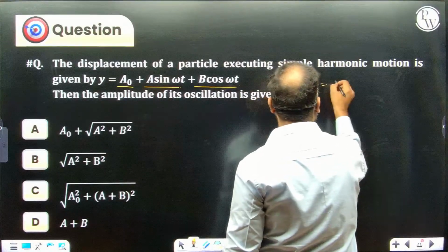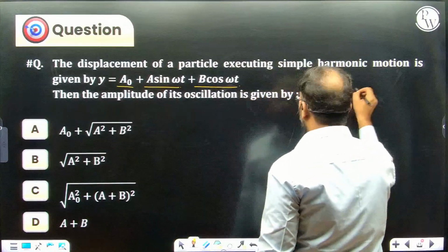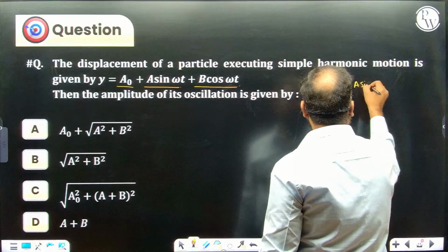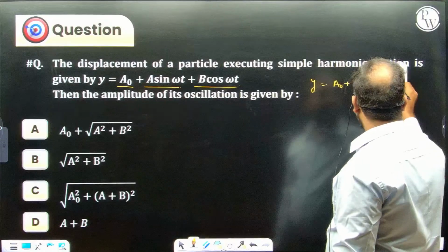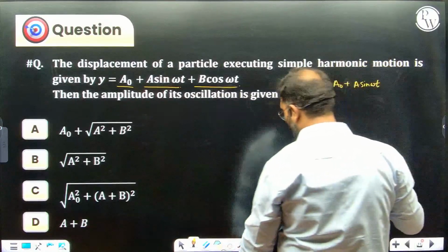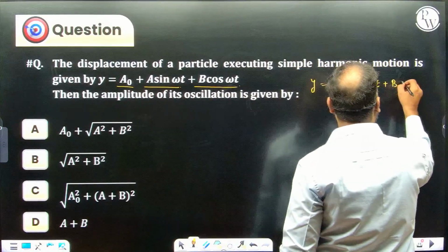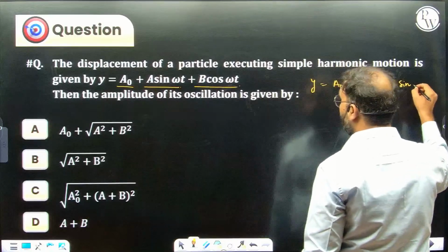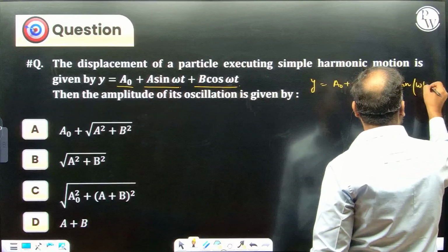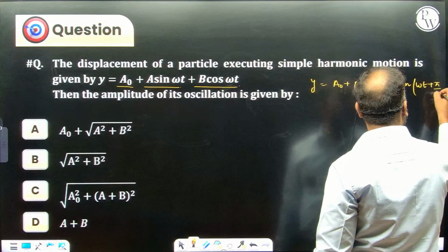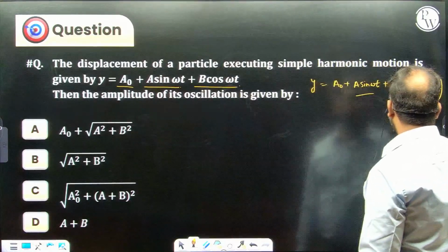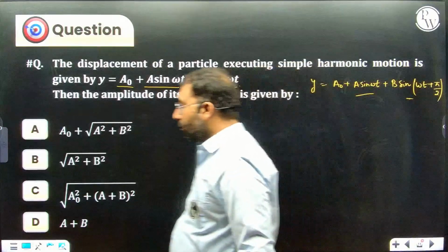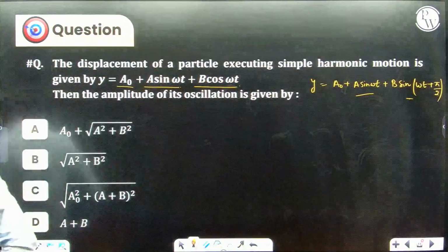So y equals a naught plus a sin omega t plus b sin(omega t plus pi by 2). You can see that this function and this function have a phase difference of pi by 2, and their amplitudes are a and b.